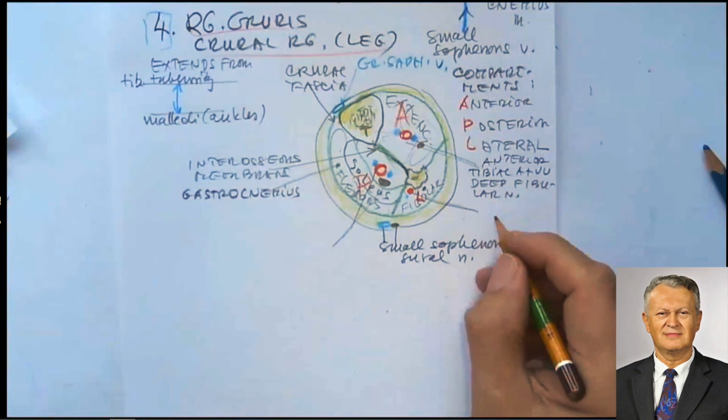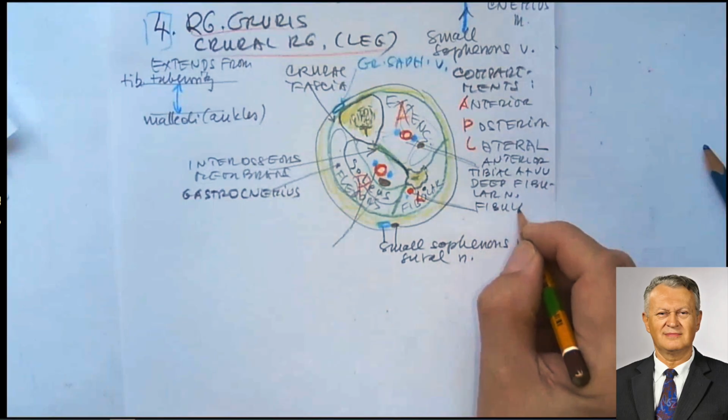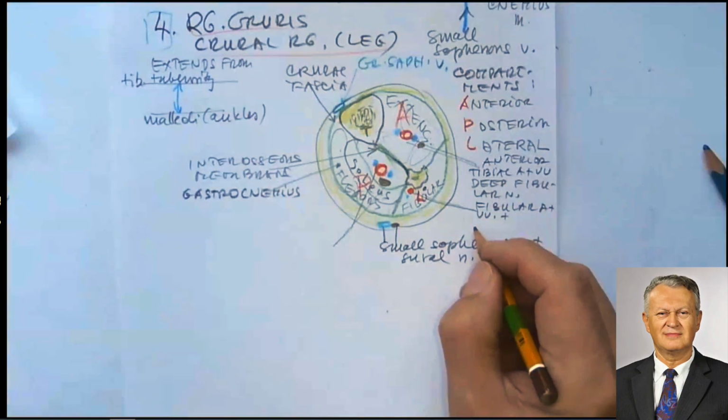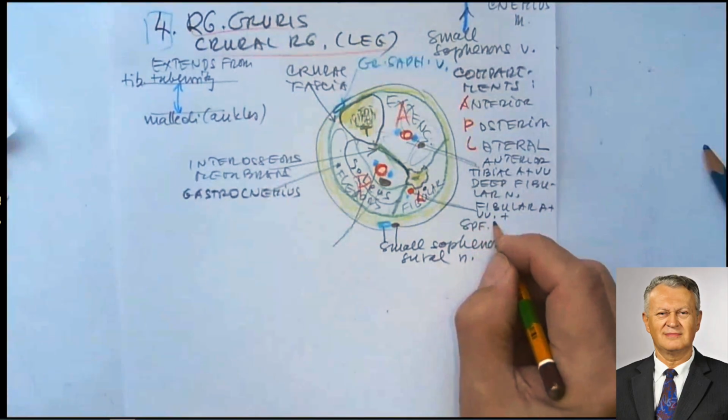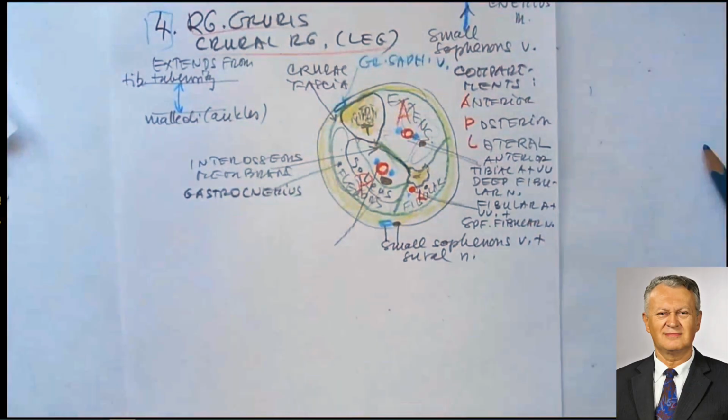Laterally is the fibular artery plus two small veins plus superficial fibular nerve, superficial fibular nerve.